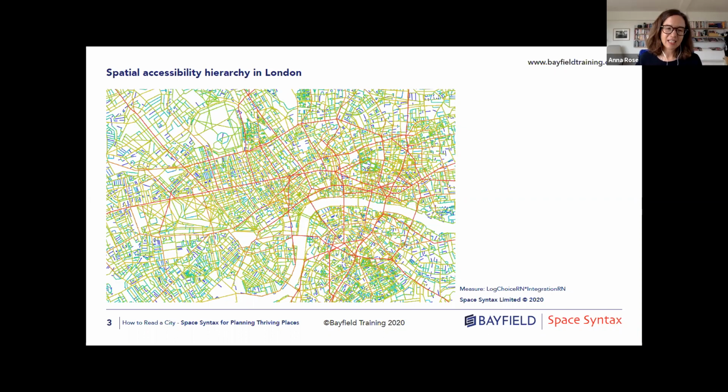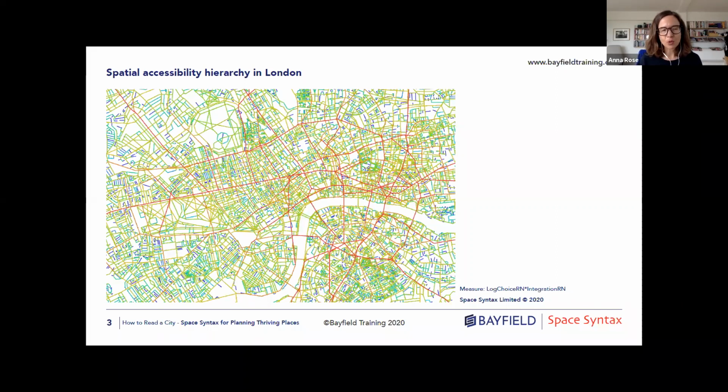And then you see the more yellowish, greenish areas, which tend to be slightly more quiet compared to the red alignments. These are the areas which might be a bit more monofunctional. They might be dominated by residential uses, maybe some of these are office areas.